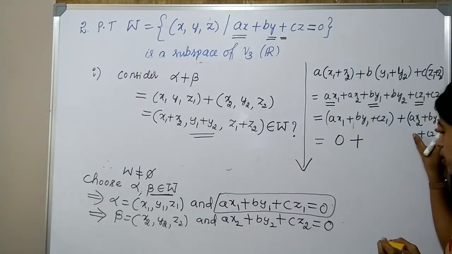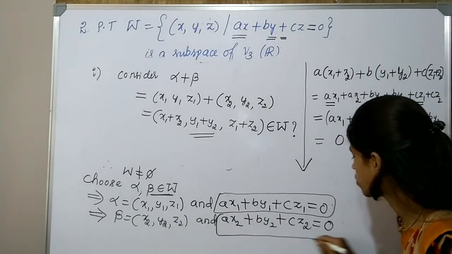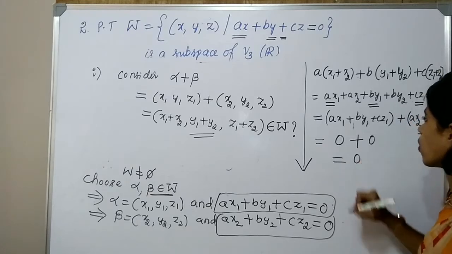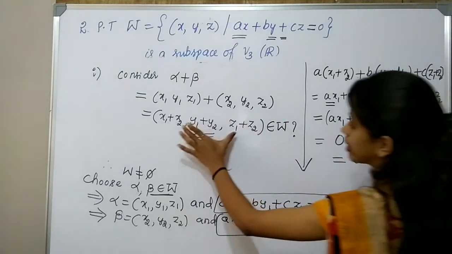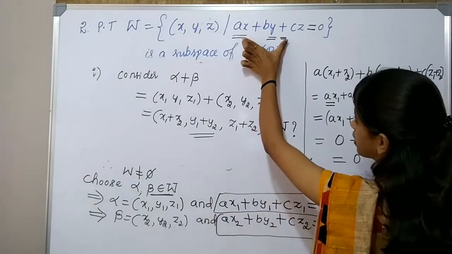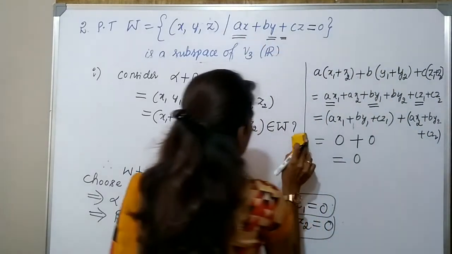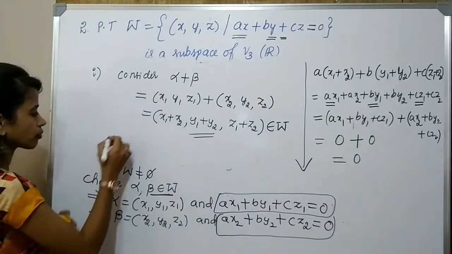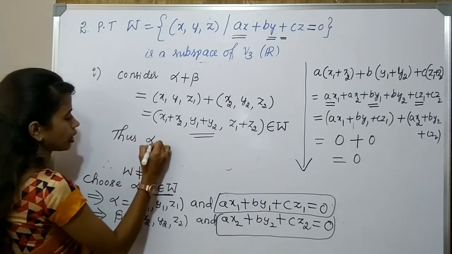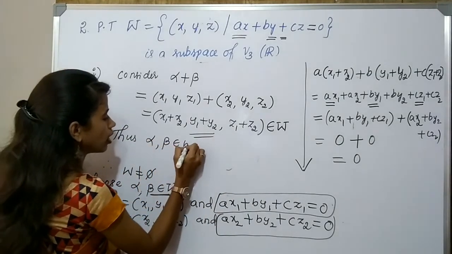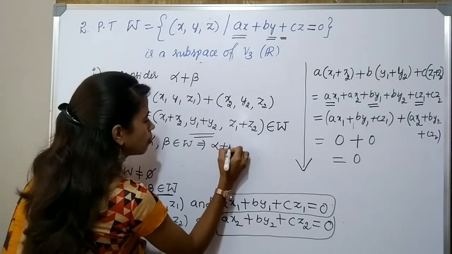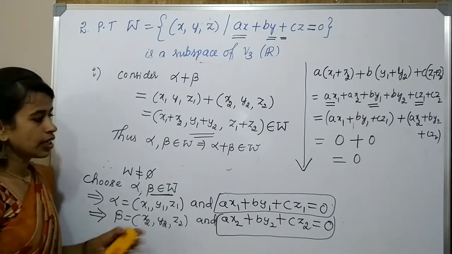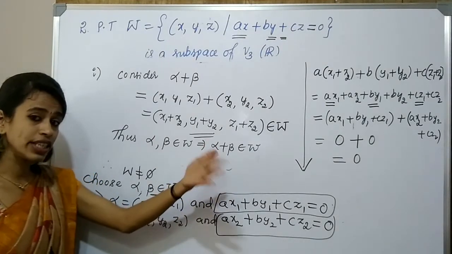What about this one? This is also 0 because beta belongs to W. So 0 plus 0 is 0. So clearly this triplet also satisfies this condition. It means alpha plus beta belongs to W. Thus, the conclusion: alpha, beta belong to W implies alpha plus beta belongs to W. So therefore W is closed under vector addition.